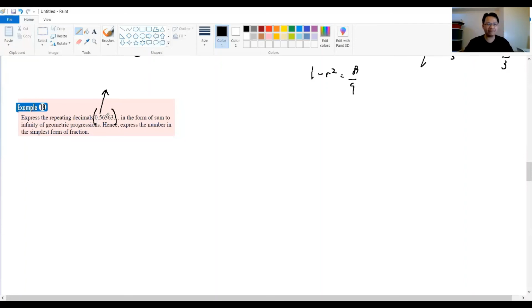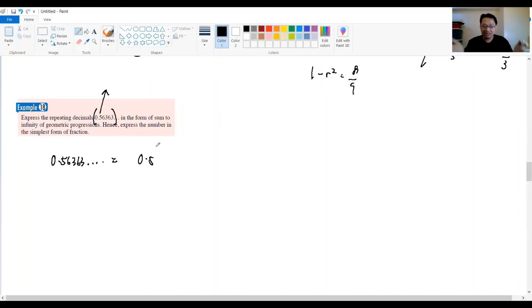So the first step, if you want to express the repeated number in the form of sum to infinity, you must write down 0.56363... equals 0.5, which is a lone number. It's special, not a repeated number.